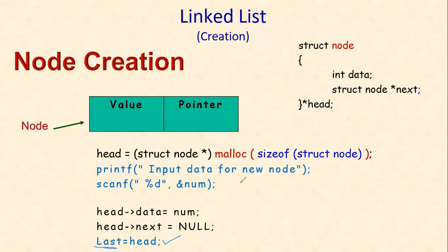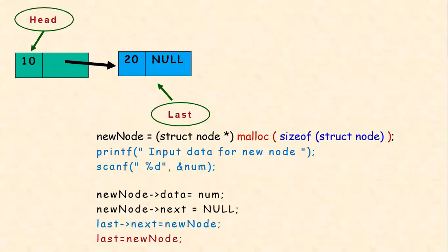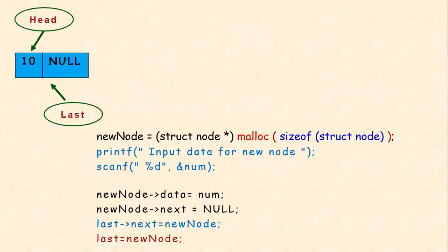Now, if you want to add more nodes, what will you do? Follow this code. What is happening here? See this code carefully. I took a new pointer because I should not read a new value into head always, because head points to only the first node.